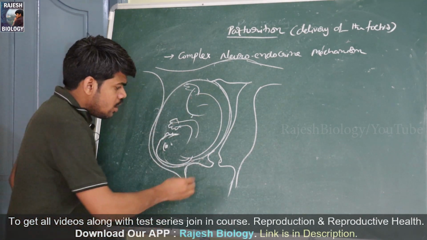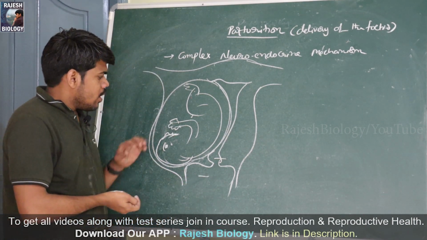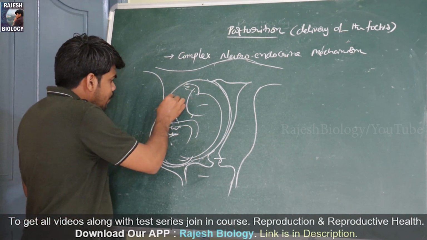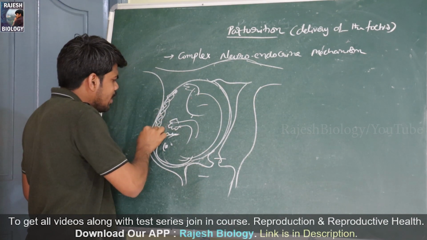Birth canal means what? The cervix and vagina together are called the birth canal. The completely developed fetus and the placenta.